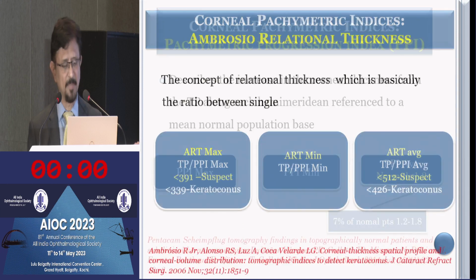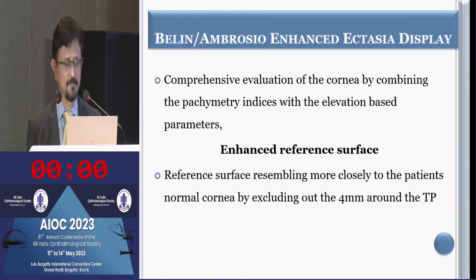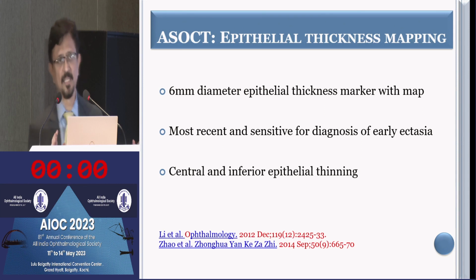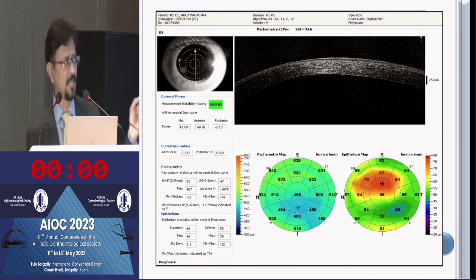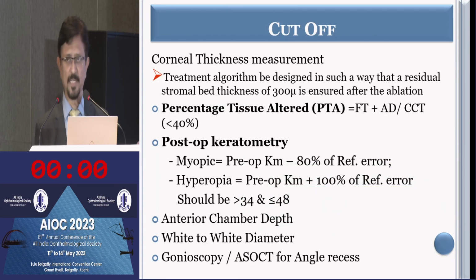The PPI max average should be less than 1.2, ART max should be more than 391. And the Belin-Ambrosio enhanced ectasia display shows the subtle changes that can be seen in early keratoconus. And if you don't find anything, you can also do an anterior segment OCT, which can give you the earliest finding in terms of thinning of the epithelium in the inferior and inferonasal or inferotemporal part. And that is how we detect.